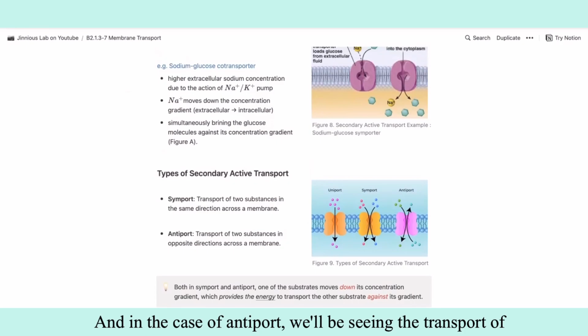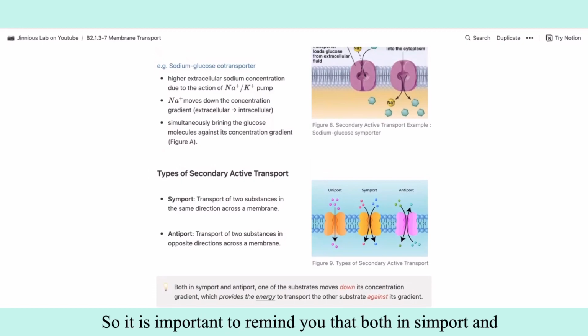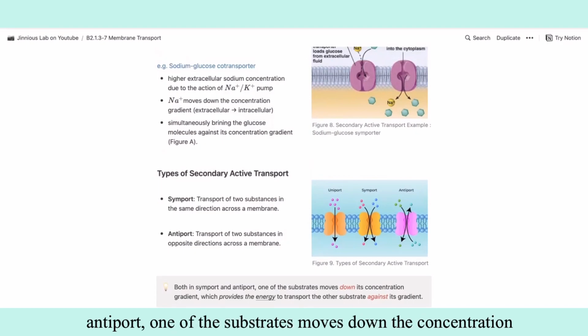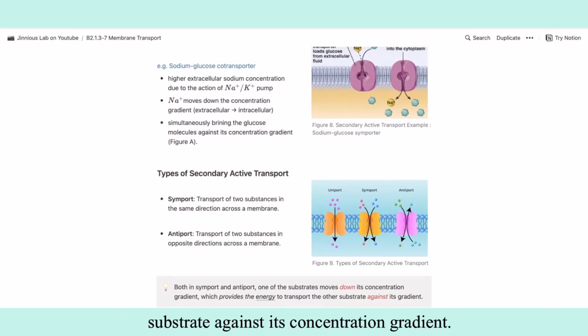And in the case of antiport, we'll be seeing the transport of two substances in opposite directions across the membrane. So it is important to remind you that both in symport and antiport, one of the substrates moves down the concentration gradient, which will be providing the energy to transport the other substrate against its concentration gradient.